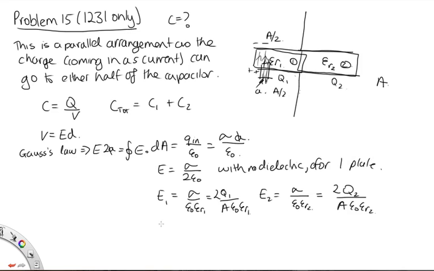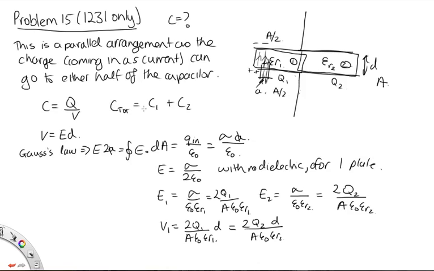Okay, so V1 is equal to just this D. This is our D here, it's on the diagram. So we've got 2Q1 D over A epsilon naught epsilon R1, and these voltages actually have to be equal. This is equal to 2Q2 D over A epsilon naught epsilon R2.